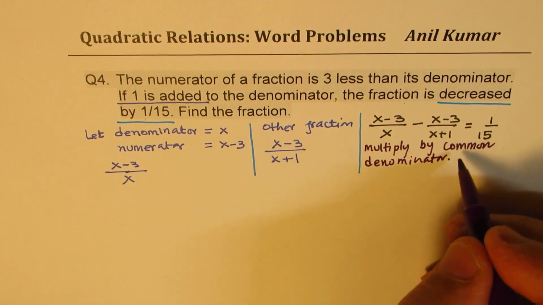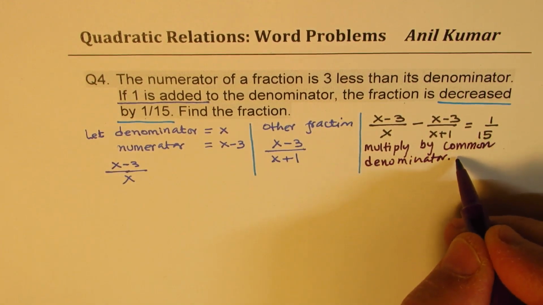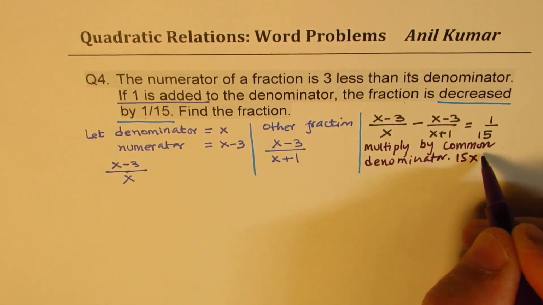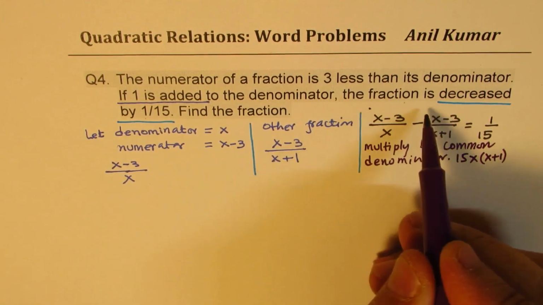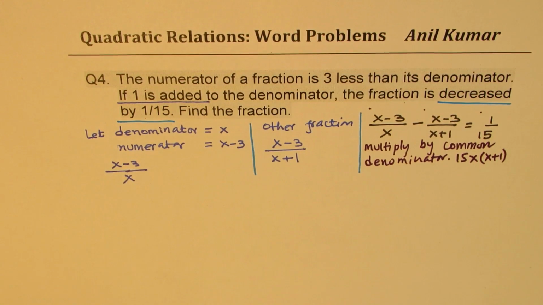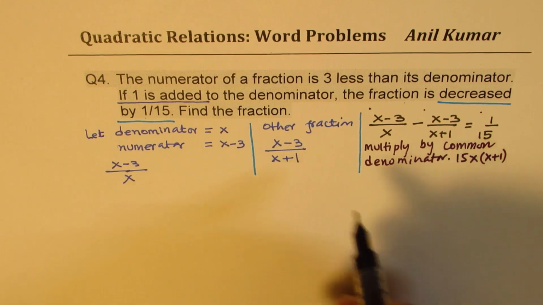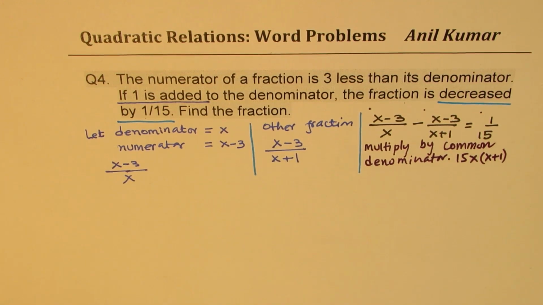That is to say, you are going to multiply this by 15 times x plus 1. Correct? Everything, all these three. So let's multiply and solve. So what do you get?